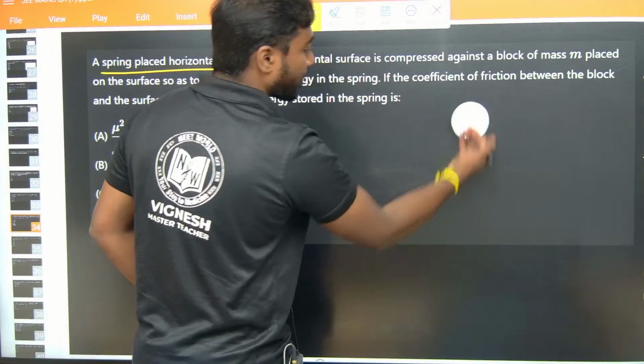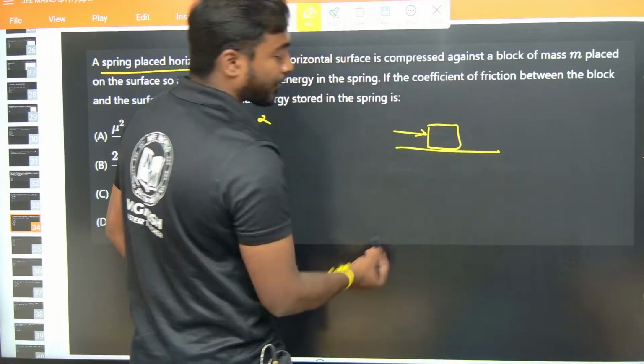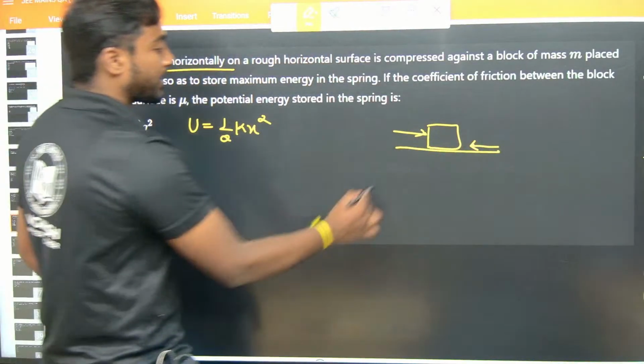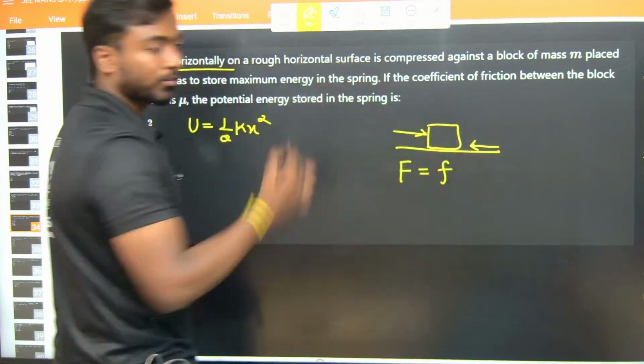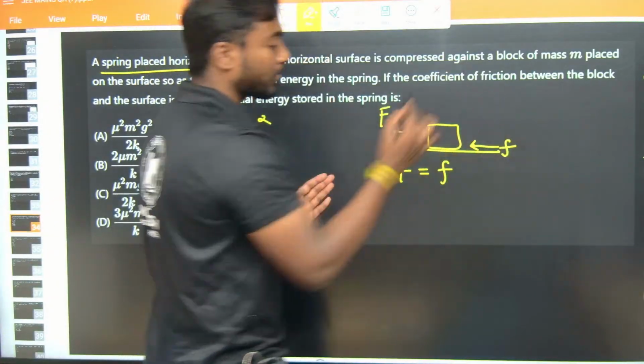If I am applying a force on a rough surface, there will be a frictional force, right? So F should be equal to the frictional force: the force which I am applying on this side is F, and on this side it is small f.